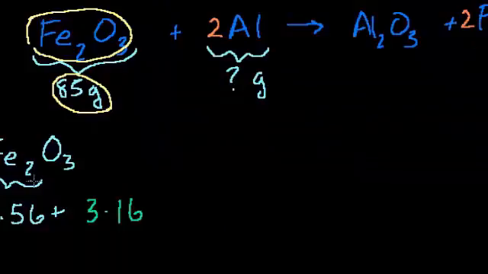So one molecule of iron 3 oxide is going to be 160 atomic mass units.